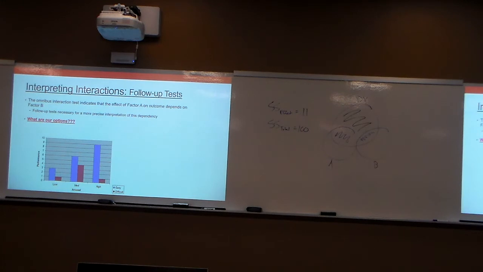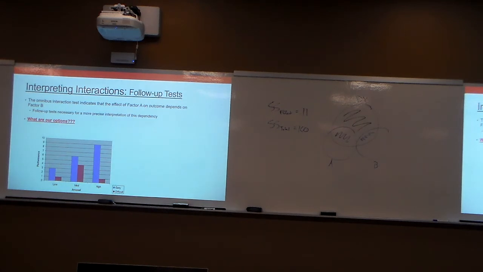What are our options for teasing apart this interaction? What comparisons can we make? We're saying that the effect of arousal depends on task difficulty. How could we start to piece this apart?